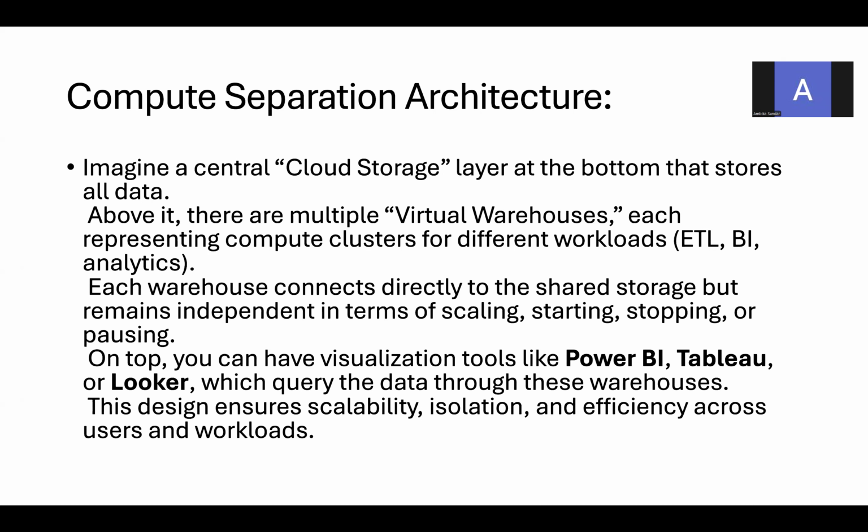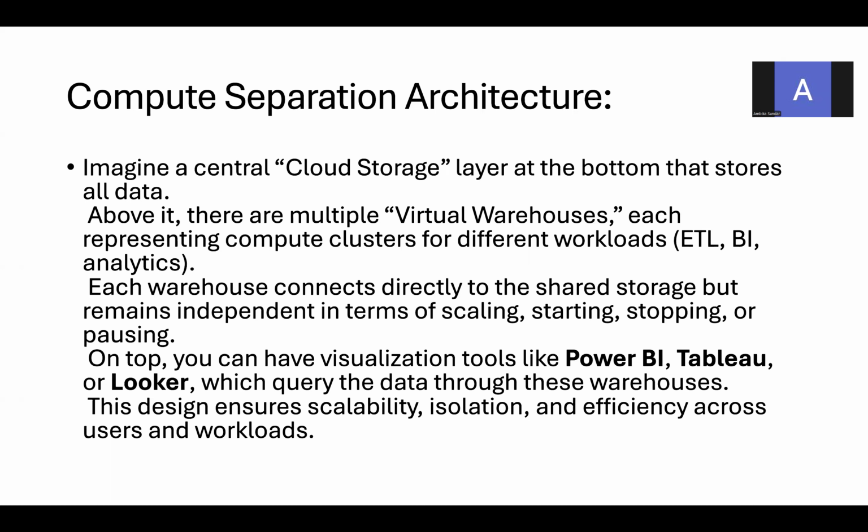For example, I am going to keep one cluster, that is a virtual warehouse, for ETL, another cluster for BI, business intelligence, another cluster for analytics. Similarly, I can keep each cluster or virtual warehouse for each performance or each operation. That's why we are going to have multiple virtual warehouses.